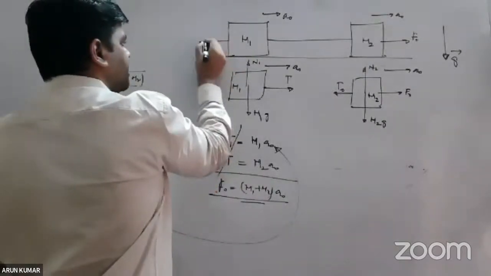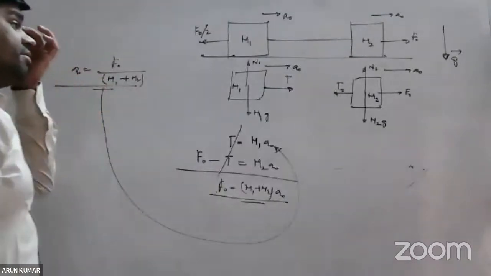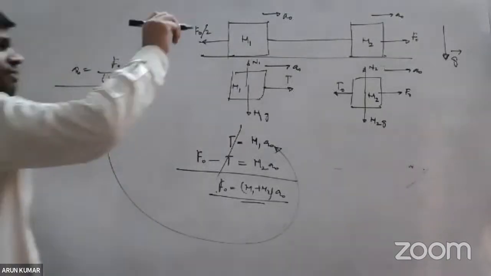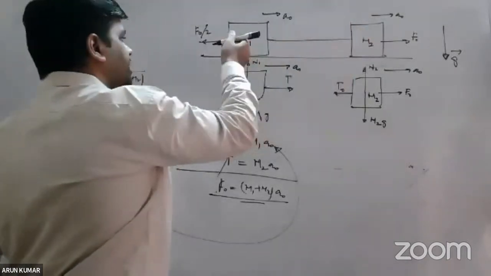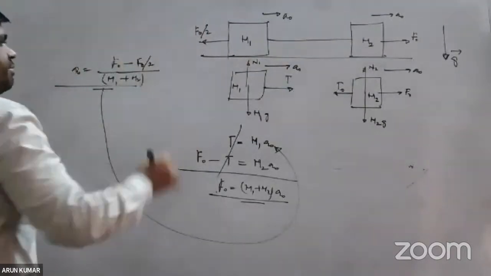Now I apply some other force, and you tell me the acceleration. I apply the force F naught by 2 here. Now tell me the net acceleration of the blocks. So what is the net external force now? F naught minus F naught by 2, divided by M1 plus M2.